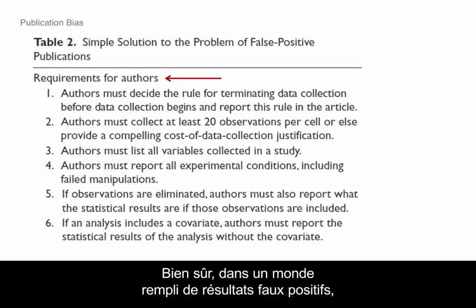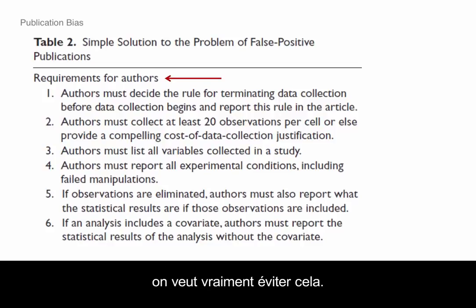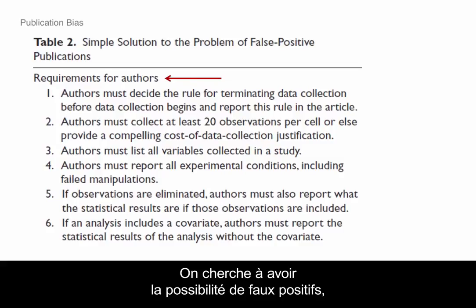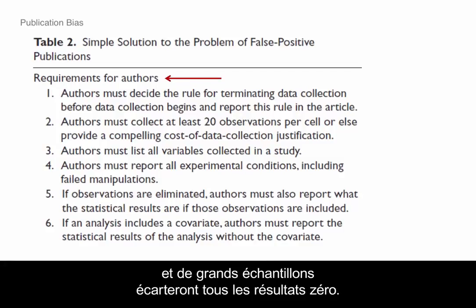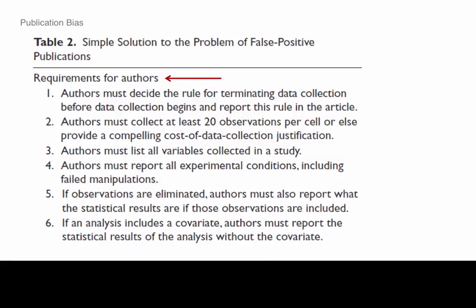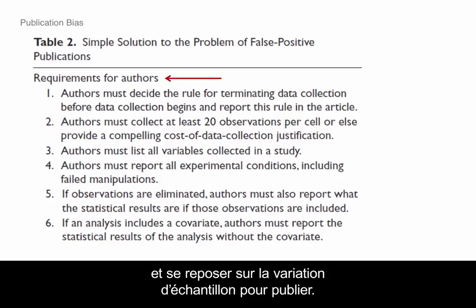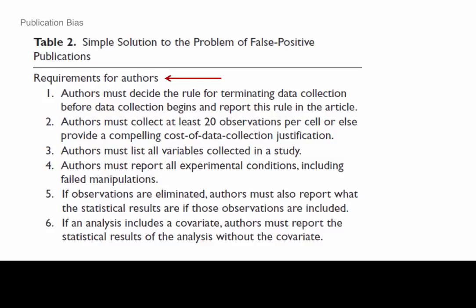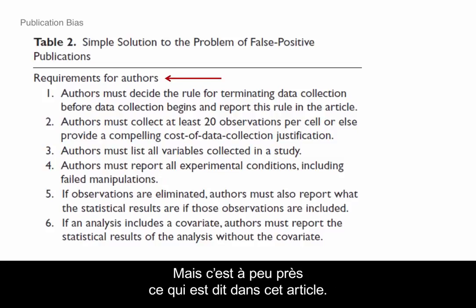But of course, if you're in a world of false positive results, that's the last thing you want to do. You want to have the possibility of false positives, and big samples will kill all your zero results. So you want small samples, and you live on the sampling variation and publish off that. Isn't that terribly cynical? But that's basically what they're saying in this article.